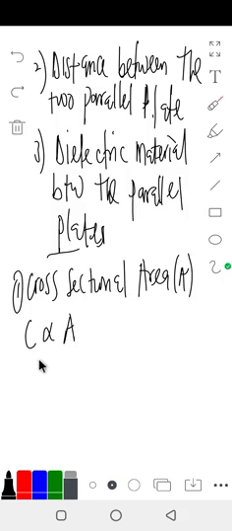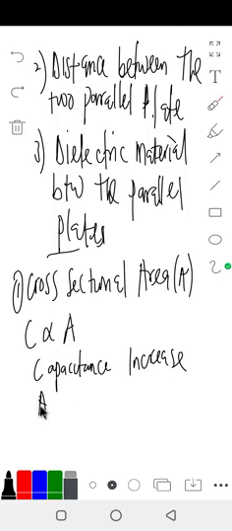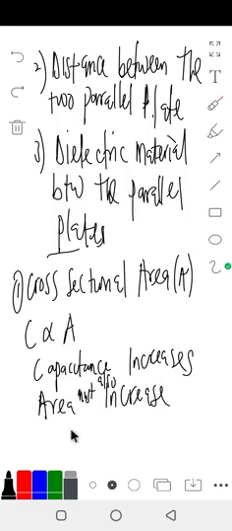Meaning that if capacitance increases, the area of the plates must also increase.